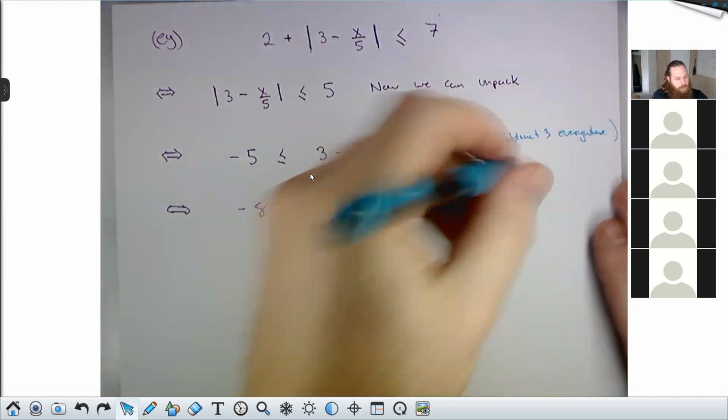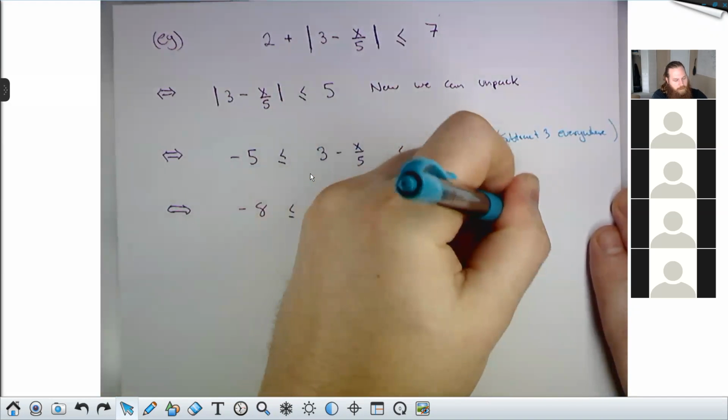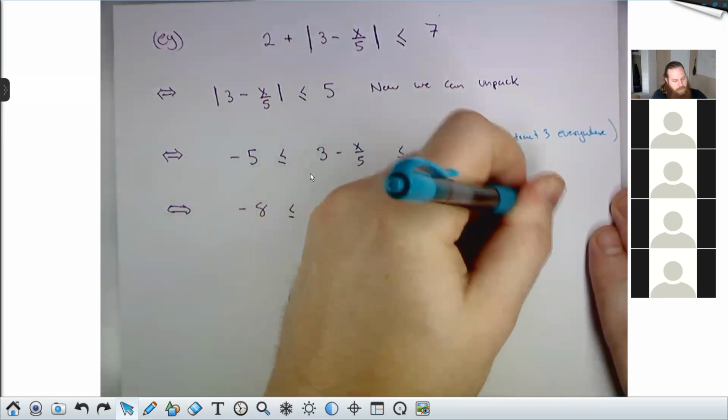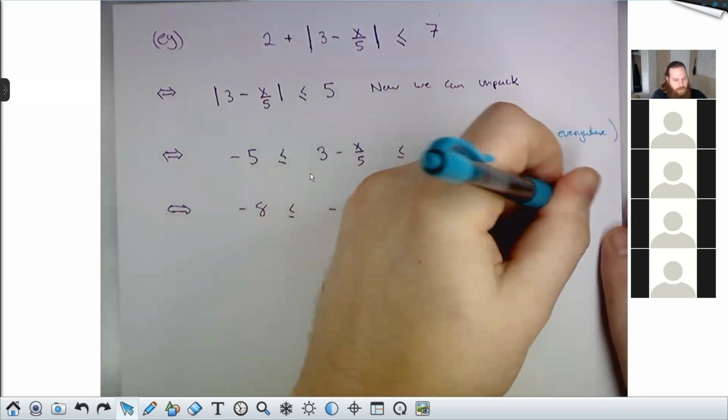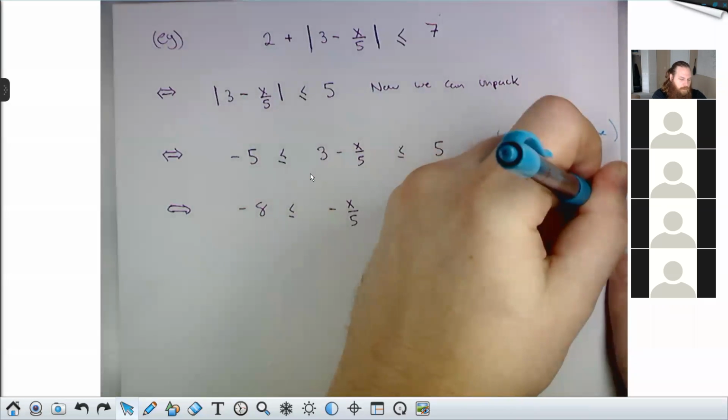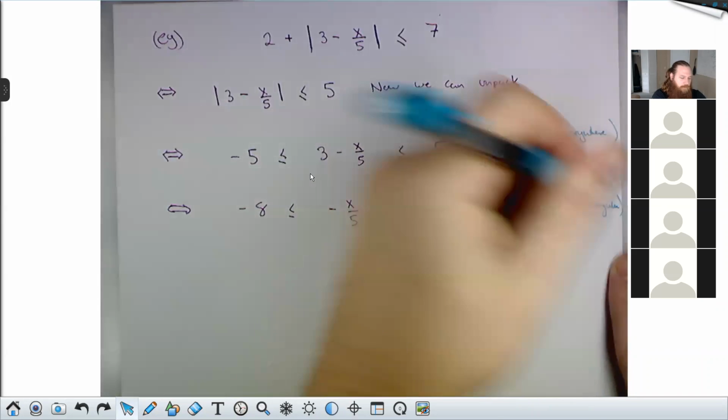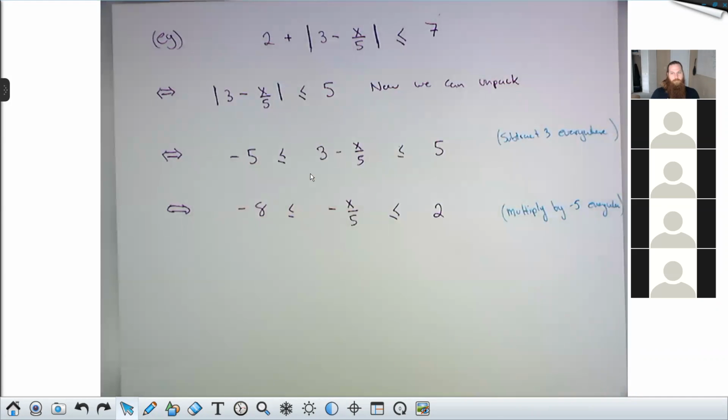My next step would be to multiply by negative 5 everywhere. And that will make this an x, right? Negative x over 5 times negative 5 is just x. But since I'm multiplying through by a negative, the inequalities are going to flip.